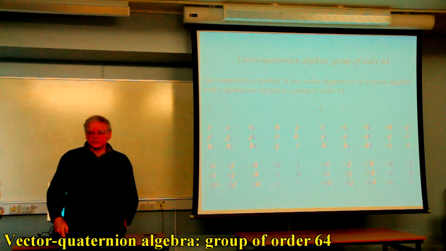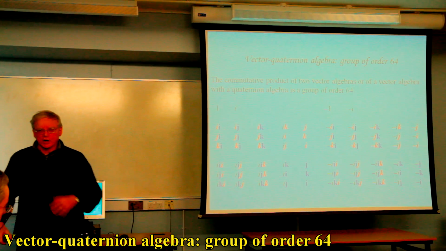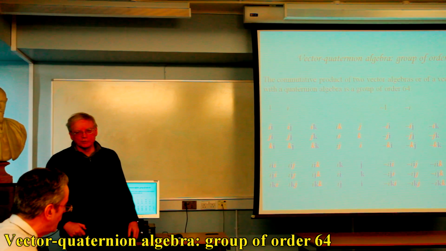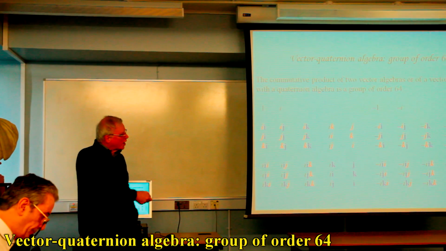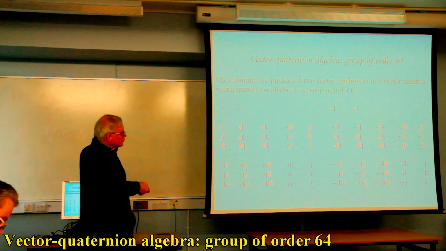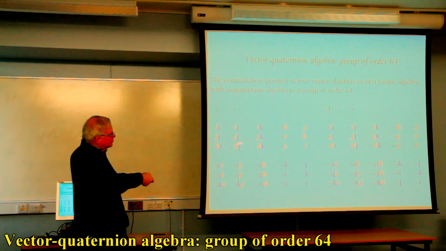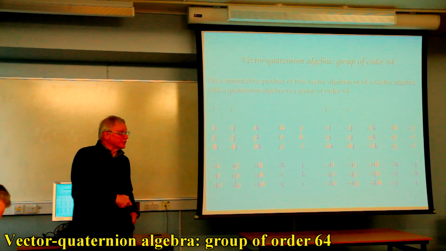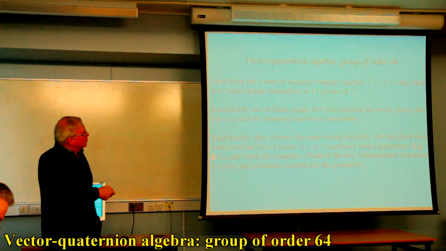There are 12 different sets of generators for the group. I only need one of them, I don't need them all, to generate the entire group. This group requires 5 generators to generate it. Then there are other versions of it, but they all look very similar. I'll explain it in a moment.